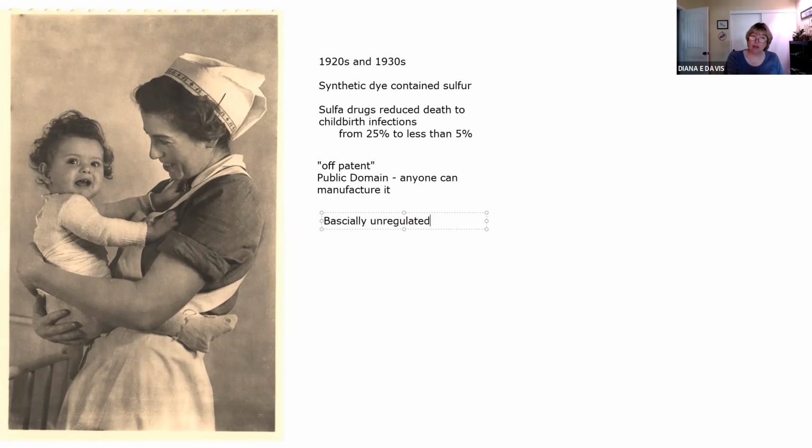However, there's not a lot of monitoring for that either, especially for long-term effects. So at this time, all drugs were like that. Nothing was regulated. And during the 1930s, a company made a sweet tasting syrup of this sulfa drug.